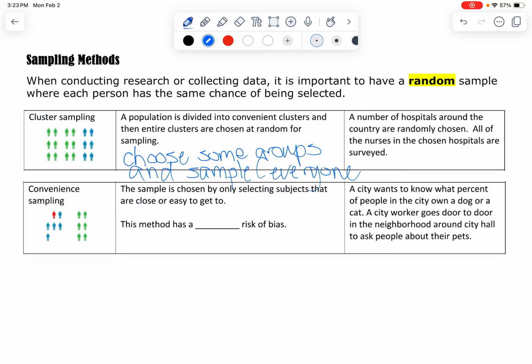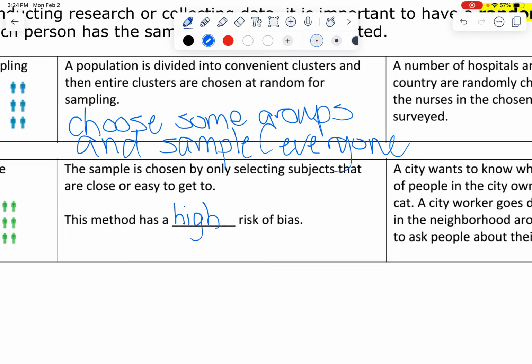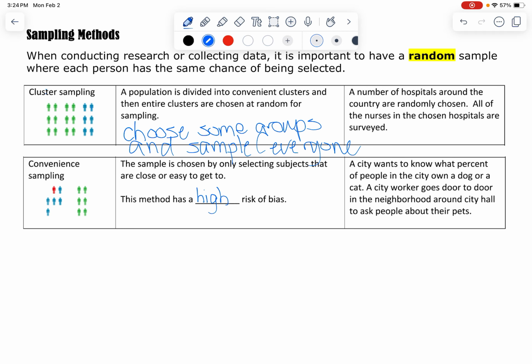Convenience sampling. The sample is chosen by only selecting subjects that are close or easy to get to. And as you might expect, this has also a high risk of bias. An example of this would be a city wants to know what percent of people in the city own a dog or a cat. A city worker goes door to door in the neighborhood around City Hall to ask people about their pets. So they're only going close to City Hall in their neighborhood.